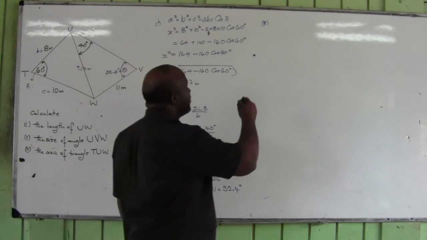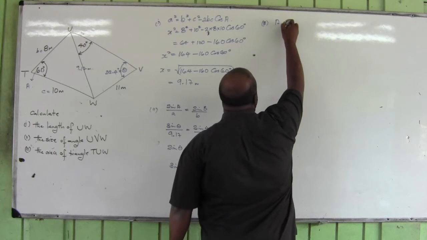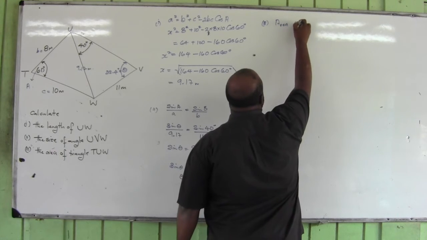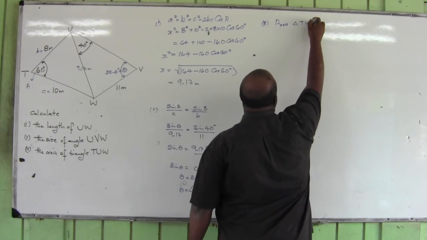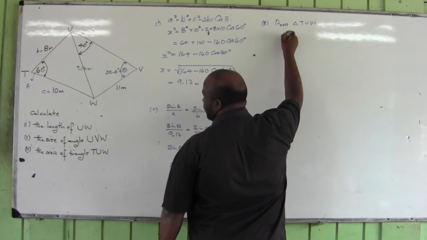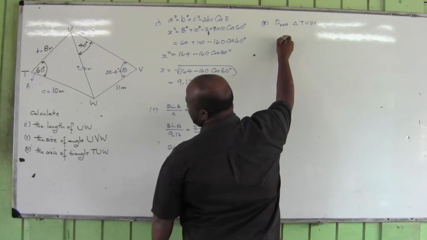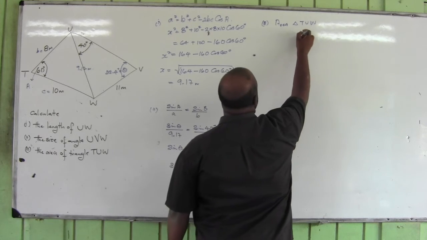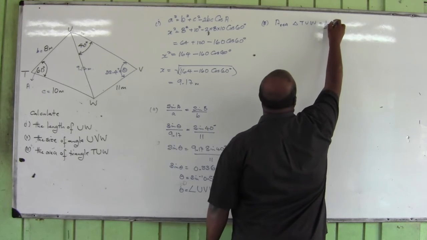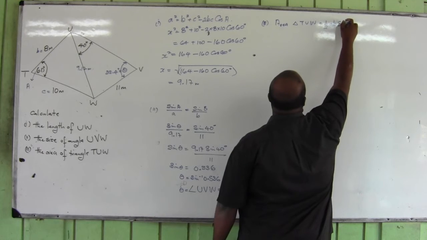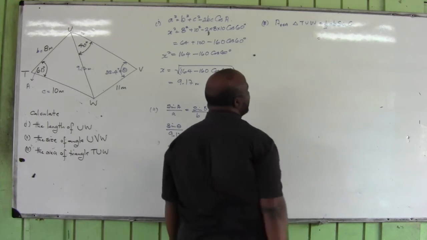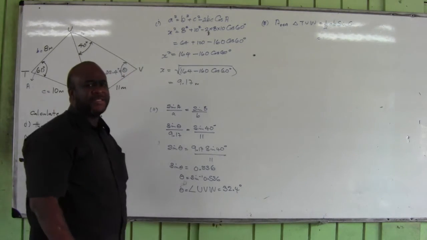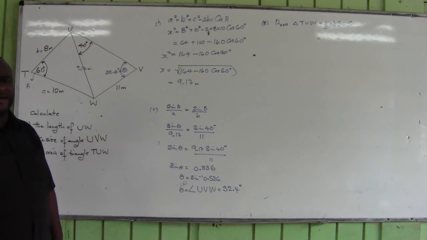So the area of triangle TUW would be equal to a half ab sine C. A and B are the length of the two sides, and C is the inclusive angle.